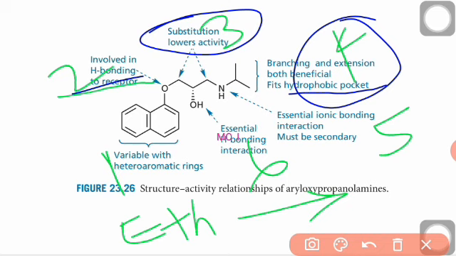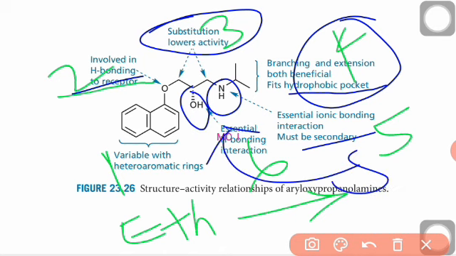Then this ionic group is important for binding with the receptors. The last one: this must be S configuration for propanolamines.